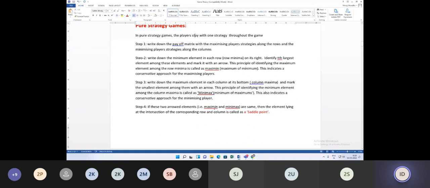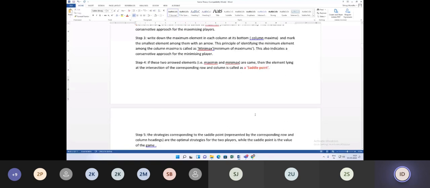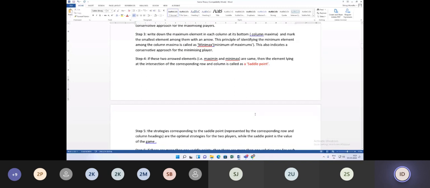saddle point. What is a saddle point? Whatever maximin and minimax we selected from row and column, if they are equal, then it is called a saddle point. If there is a saddle point, then it is called a pure strategy game.